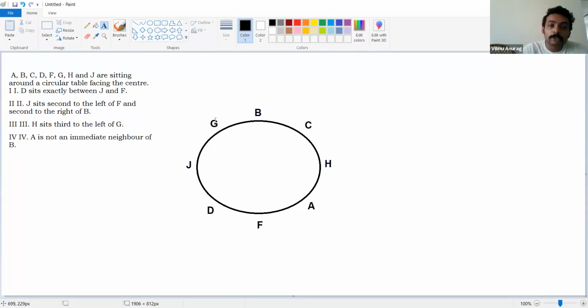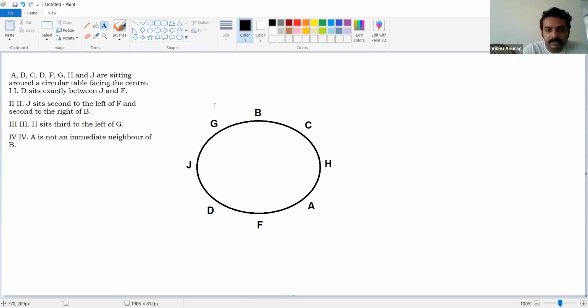For that reason, I put G in the only remaining place between J and B. Now third to the left of G is H. A is not the neighbor of B, so A will be to the right of F, and the only remaining person, C, will be to the right of B.